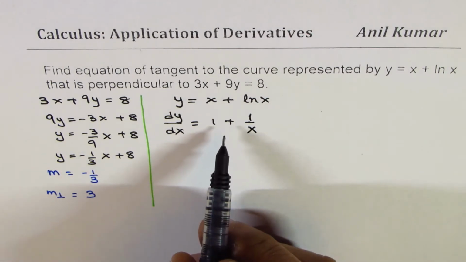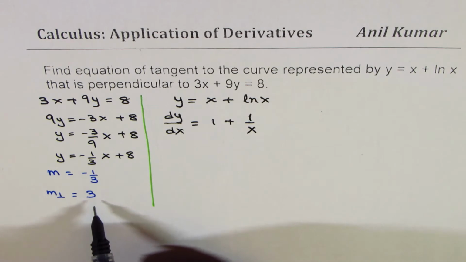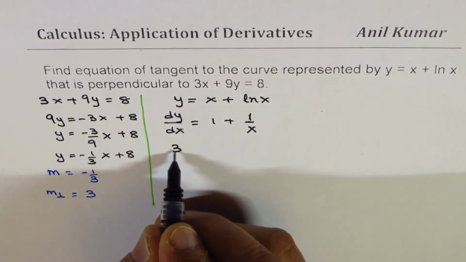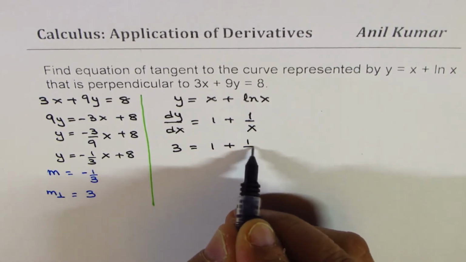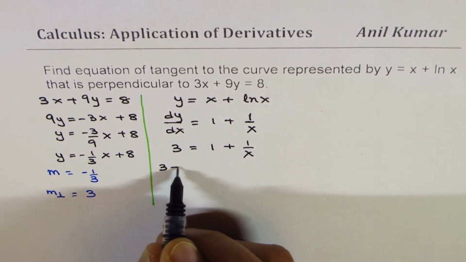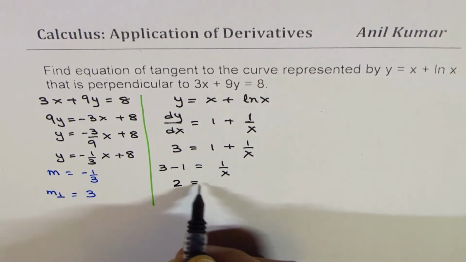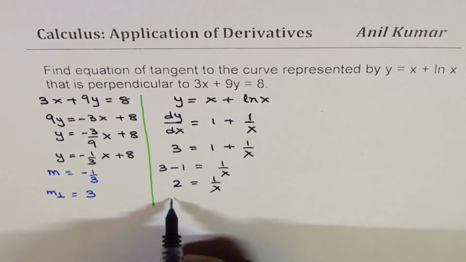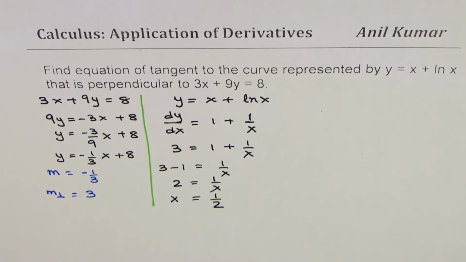Now, we know that the derivative represents the slope, and therefore 3 = 1 + 1/x, or 3 - 1 = 1/x, which is 2 = 1/x, or x = 1/2. Correct? So x is equal to 1/2.